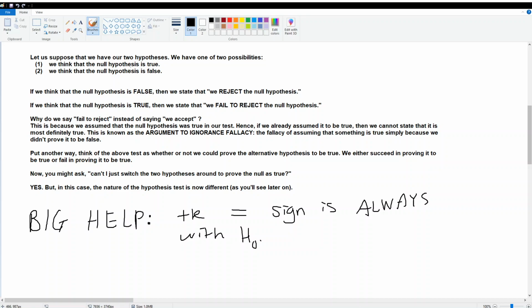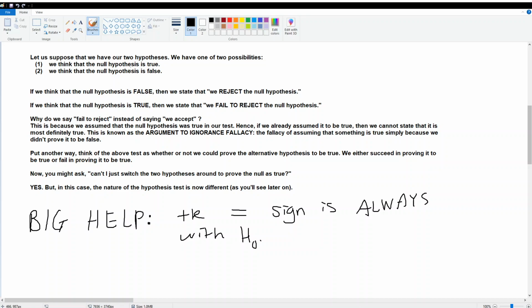So then the question is, why do we say fail to reject? The reason is that we assumed it was true. You can't accept something that you assume. If you're assuming it and you use it being true to say that it's true, that's a logical fallacy. And the formal name for it is the argument from ignorance fallacy.